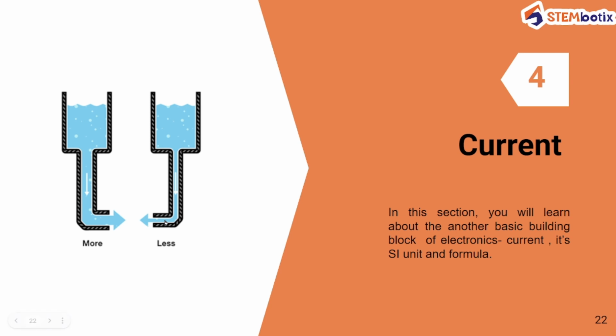Hence the water coming out of this section is less compared to this, because this pipe has a smaller diameter. So the quantity of water flowing through here is less than the water flowing through here, because the gap over here is high, whereas the gap over here is less.